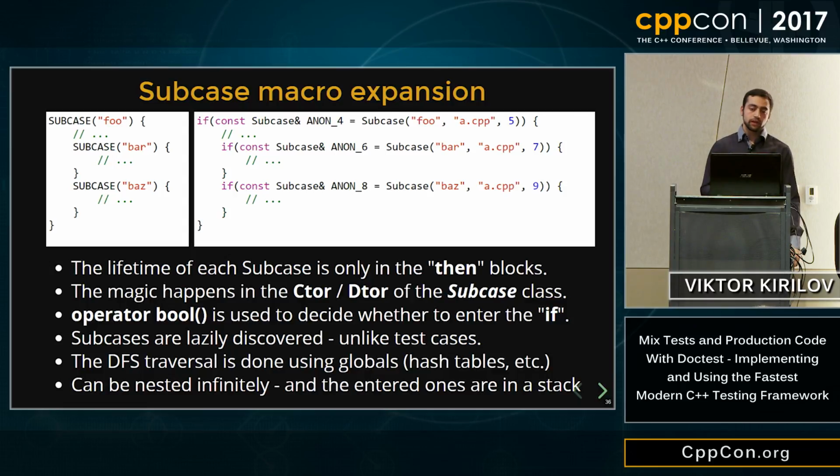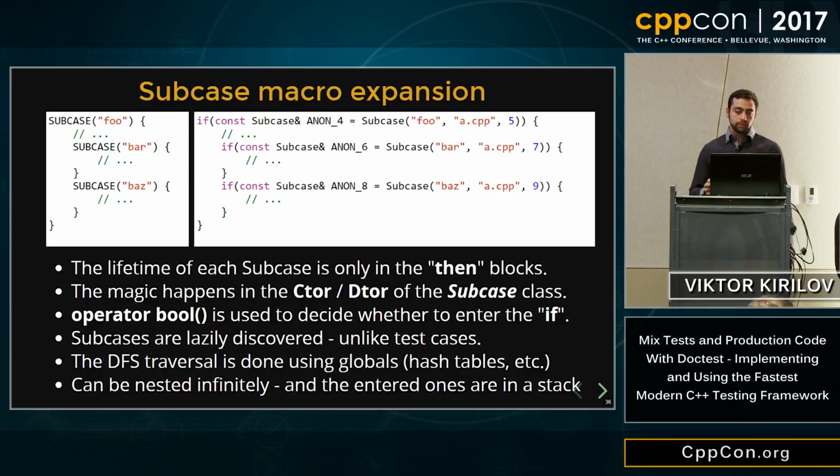The subcase macro expands to the following: if statements. And in these if statements, I construct temporary objects of type subcase, which I give the information like where the subcase is defined. And then I assign this temporary object to a constant reference to extend its lifetime until we have left the entire if statement and the then block, if we enter the then block.